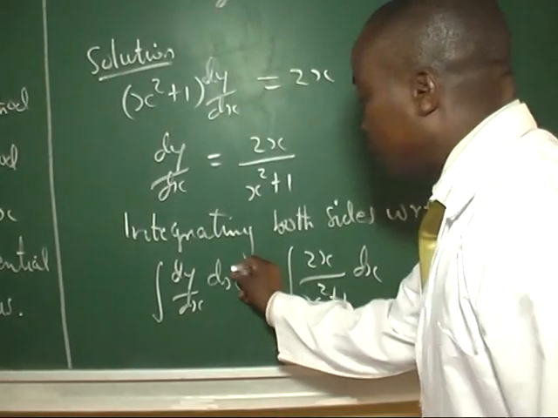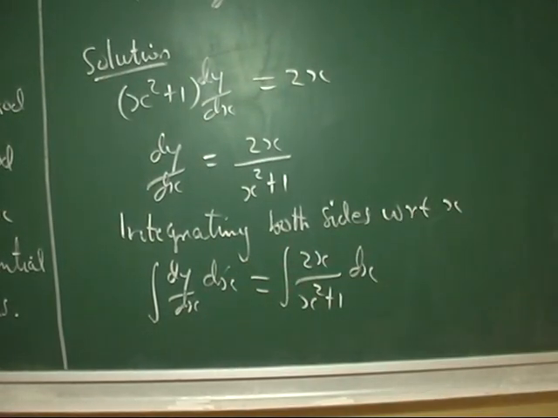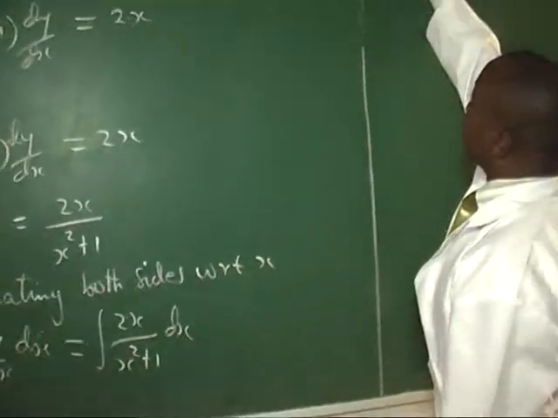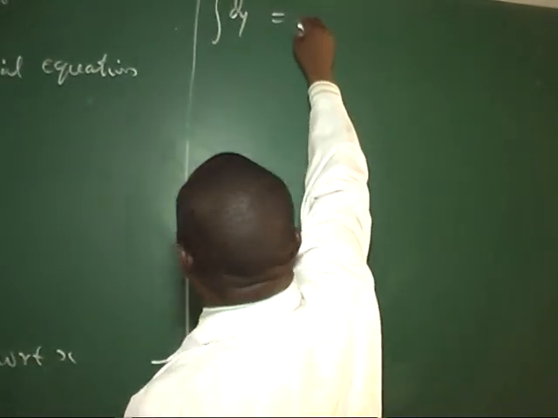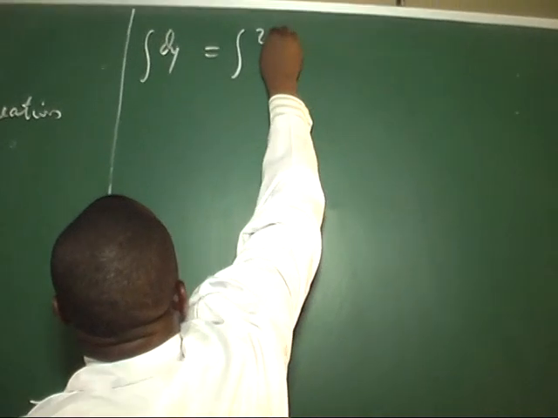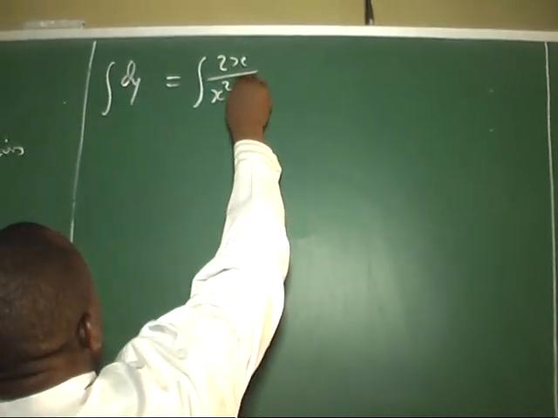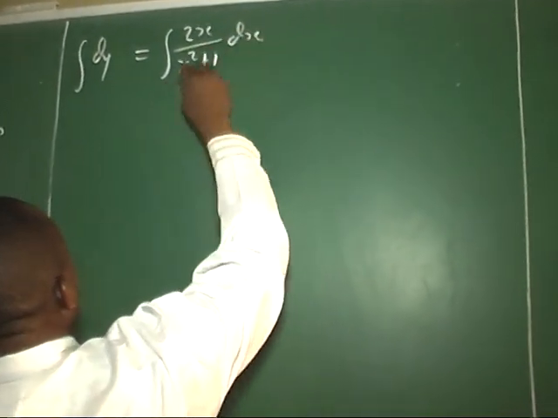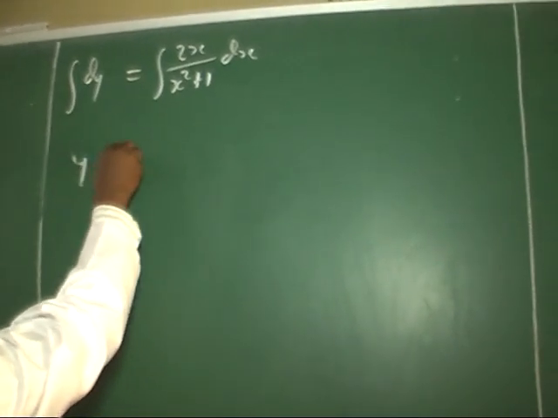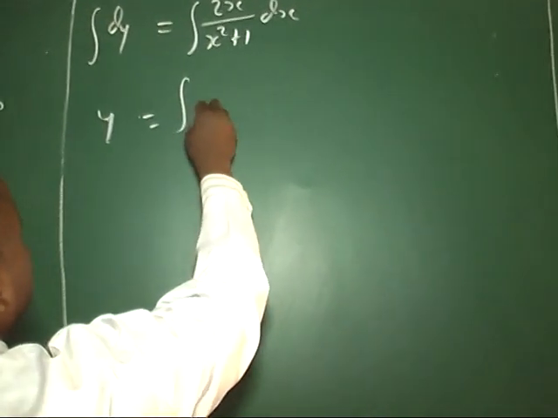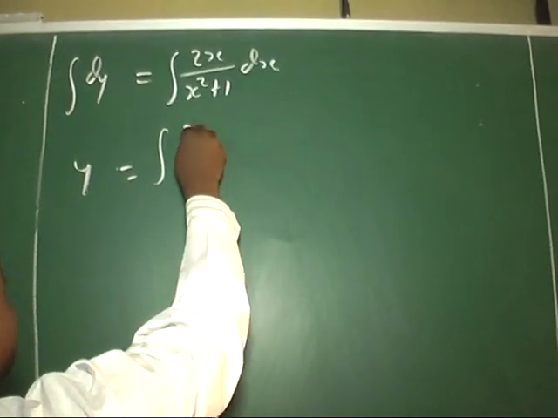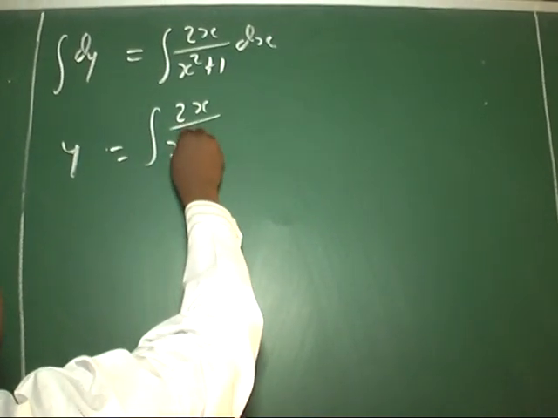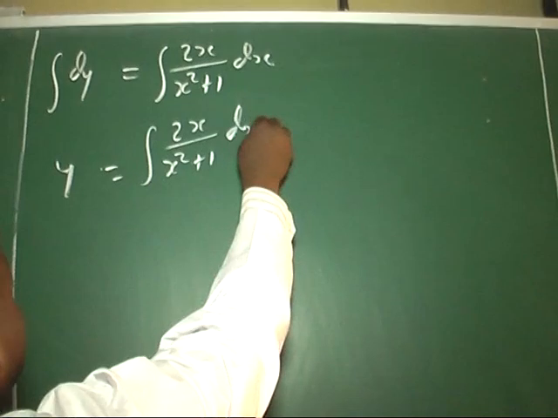Then we know that this can cancel this, so we have integral dy will be equal to integral 2x over x squared plus 1 dx. So this side becomes y is equal to integral 2x over x squared plus 1 dx.